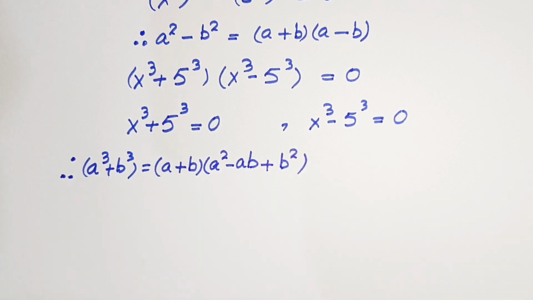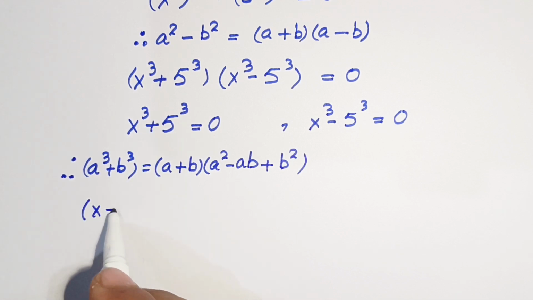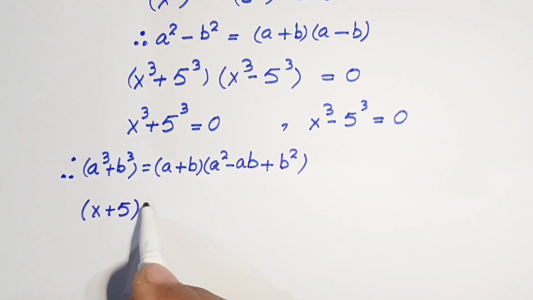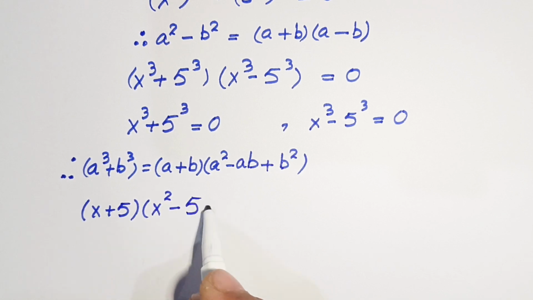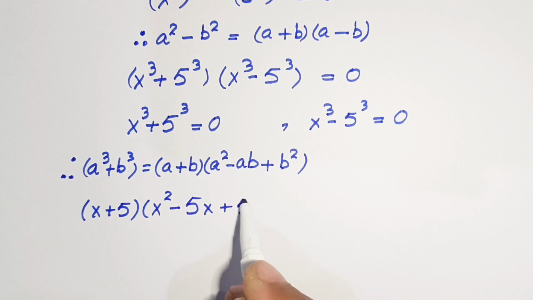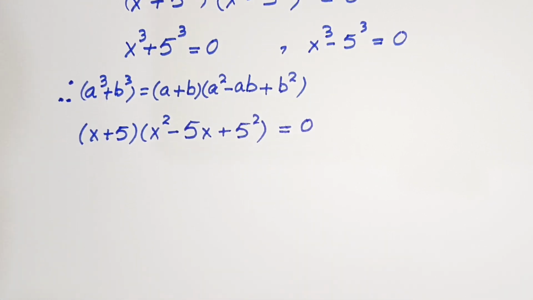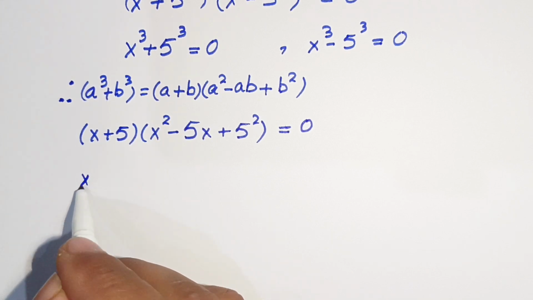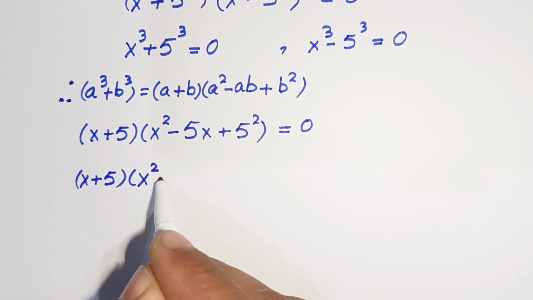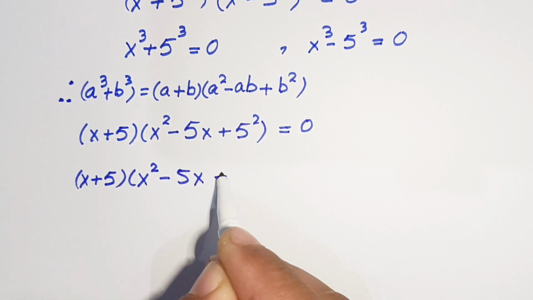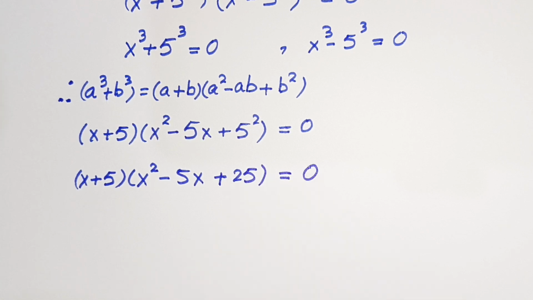So using here, then we have x plus 5 times x squared minus 5 times x plus 5 squared, which is equal to 0. Now here x plus 5 times x squared minus 5 times x plus 5 squared, which is 25, is equal to 0.